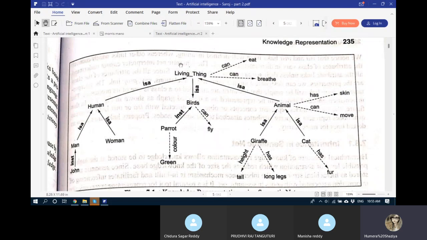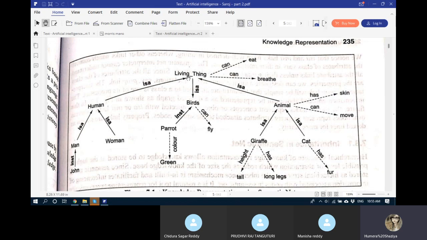So if you look at this semantic net, we say that humans, birds and animals are all living things. And what living things can do, they can eat and can breathe.